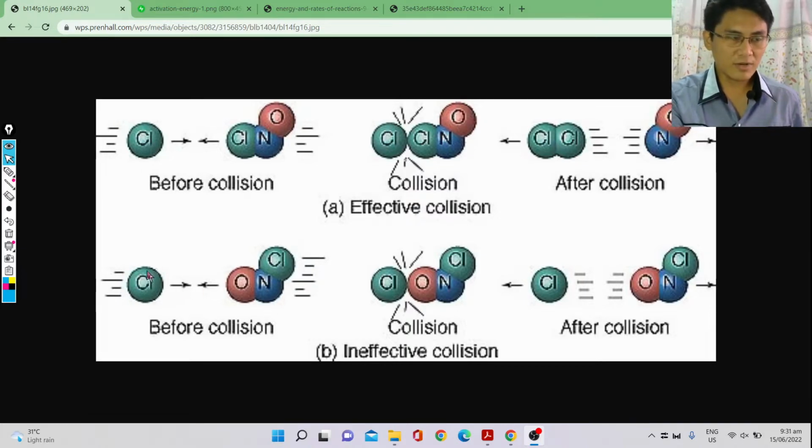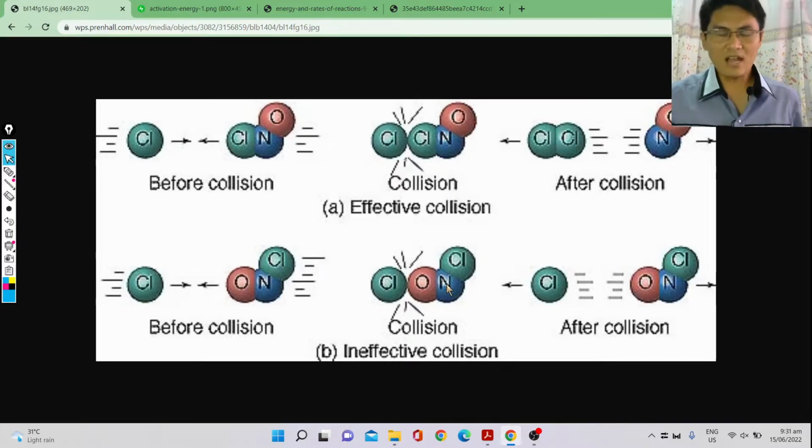So for example here Cl and O collide, but Cl has no affinity, at least in this case, to bond with oxygen, or maybe the attractiveness of Cl to the oxygen is weaker compared to the oxygen's attractiveness to nitrogen. So think of it like a human interaction where Cl likes O, but O likes N better than Cl. So O will not let go of N, will just ignore Cl, and therefore you have an ineffective collision.